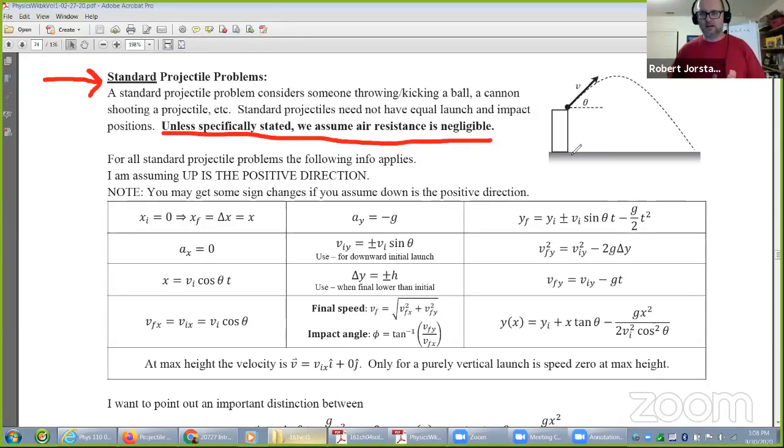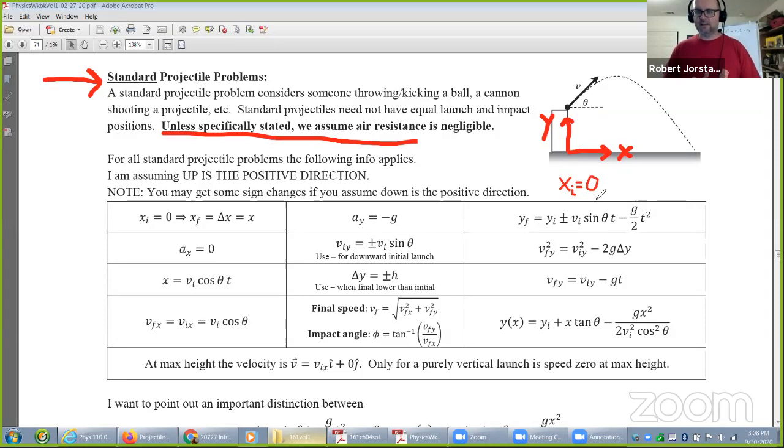Number two, we're going to put our coordinate system basically right here, directly under the ball. If the ball started at the ground, they would be right at the origin. The idea is this is X and this is Y. That marker's really fat. But notice X initial would equal 0.